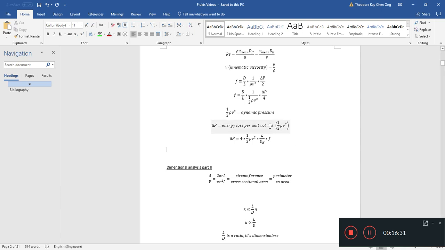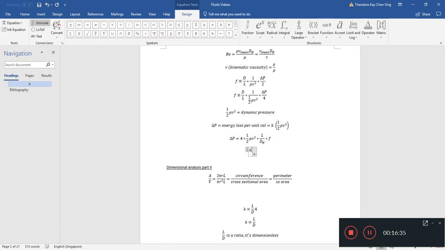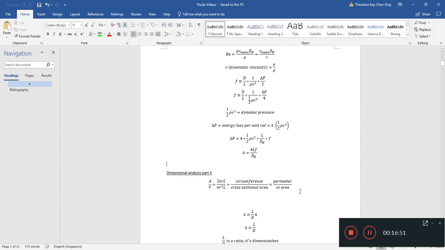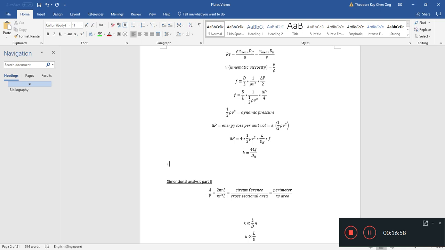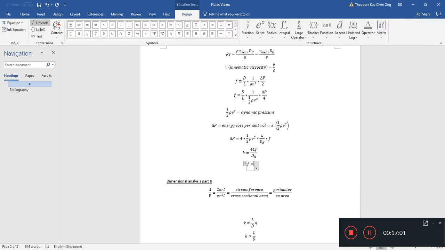Now, what is K? If we compare this and this, we'll find that the K of the pipe, specifically for any shaped pipes, will equal 4L f over dH, where f is this small f here, the fanning friction factor.